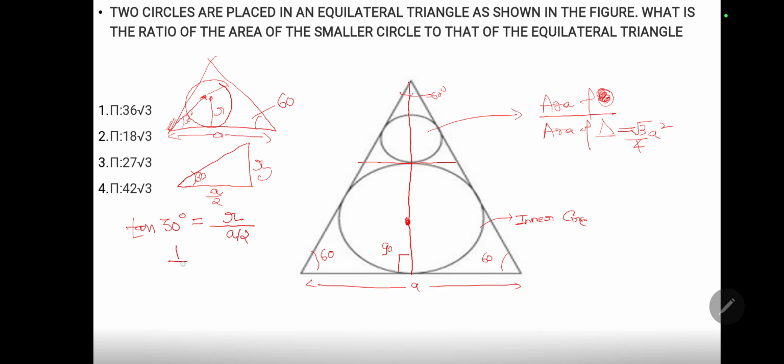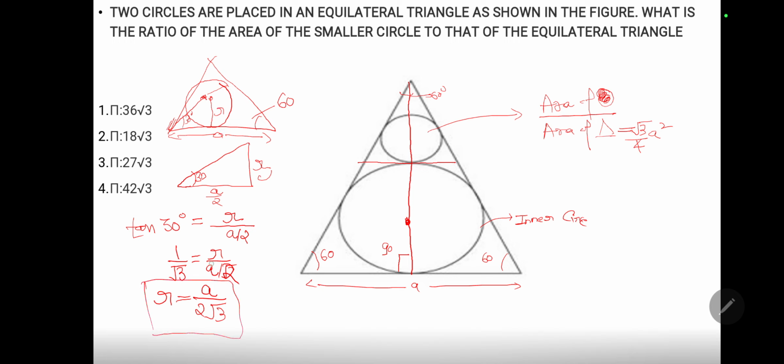So tan 30 is 1 by root 3, which gives radius r equals a by 2 root 3. So this will always be the formula for a circle having radius r that is inscribed inside a triangle with side a.